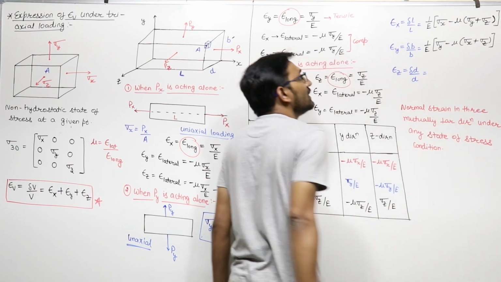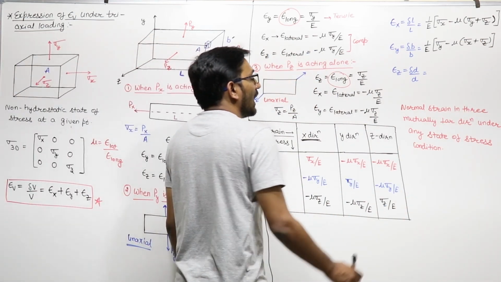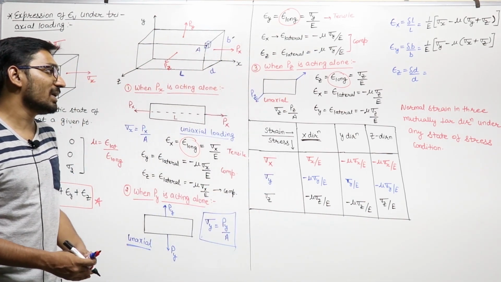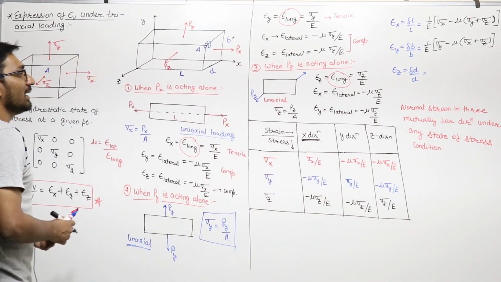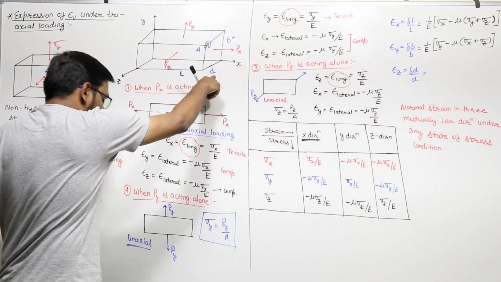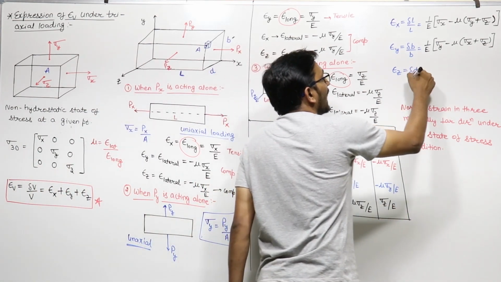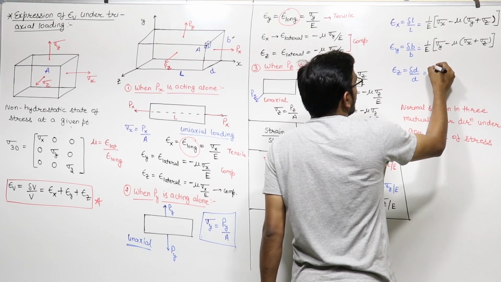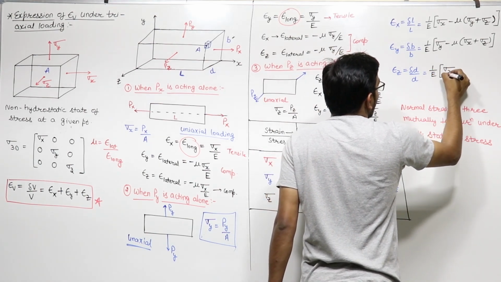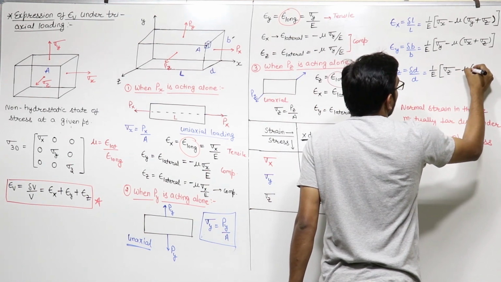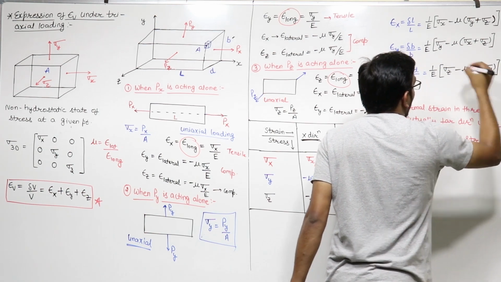You have to learn these results to use directly in your GATE exam. Epsilon z is the total normal strain in z direction, and in z direction the dimension is d. So epsilon z will be equal to delta d upon d, which is equal to 1 upon E into sigma z minus mu times sigma x plus sigma y.